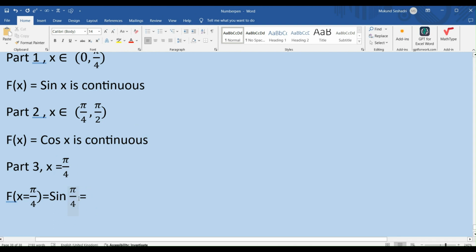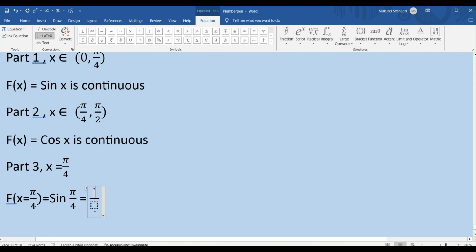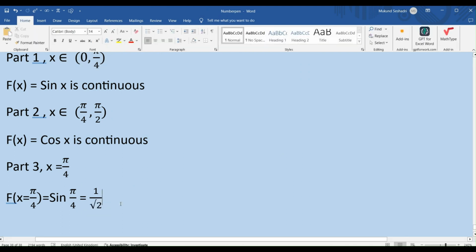Then I have my right-hand limit, where x approaches pi by 4 plus.